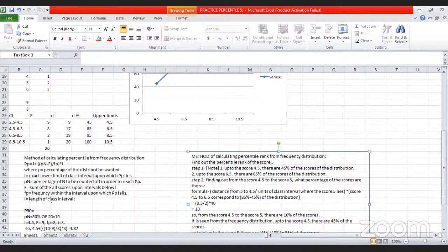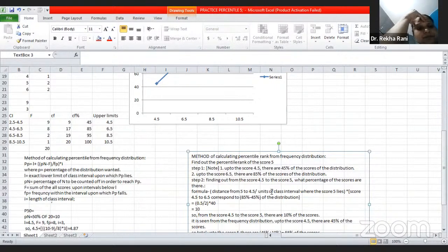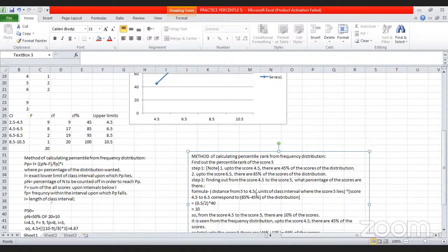Okay, now let me explain. First, the distance from 5 to 4.5. What is the distance from 5 to 4.5? That is 5 minus 4.5, so it will be 0.5. Clear? Yes, ma'am. Okay. Now divided by the units of the class interval where the score 5 lies. Where does the score 5 lie? Score 5 lies within this interval, isn't it?